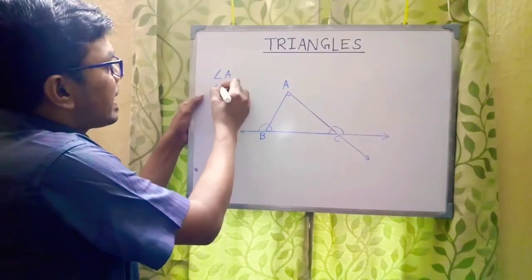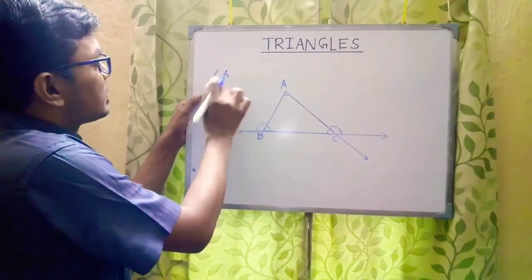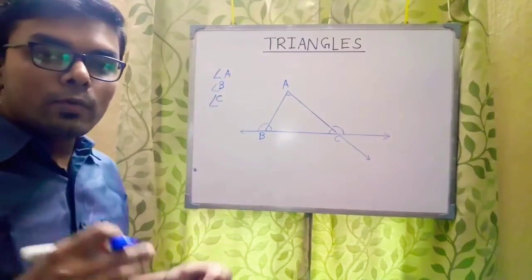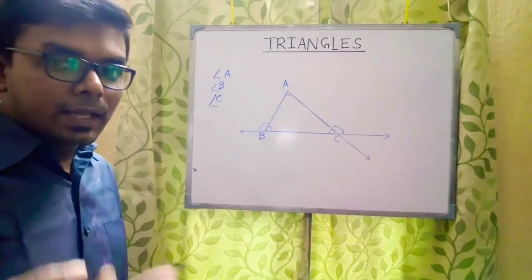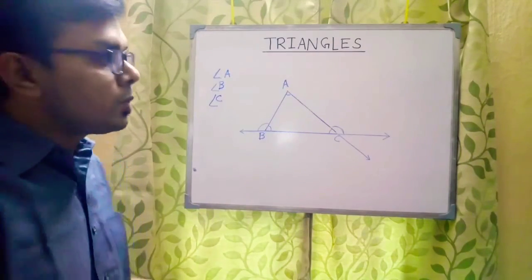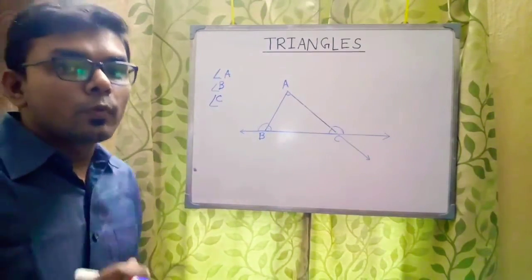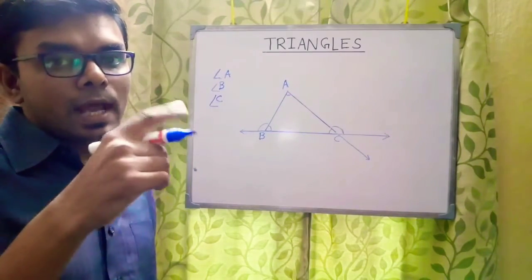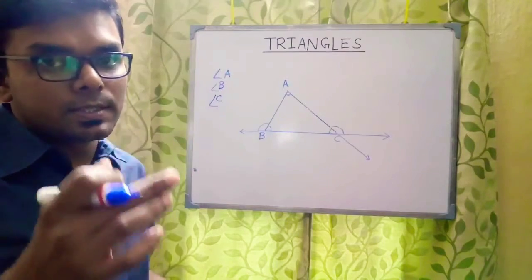Similarly, we can have angle B and also angle C. Whenever we talk about angle A, angle B, angle C, generally we mean the interior angles. We don't mean the exterior angles, because whenever we have to write the exterior angle, we write exterior angle, that is, we write either in short EXT for exterior.